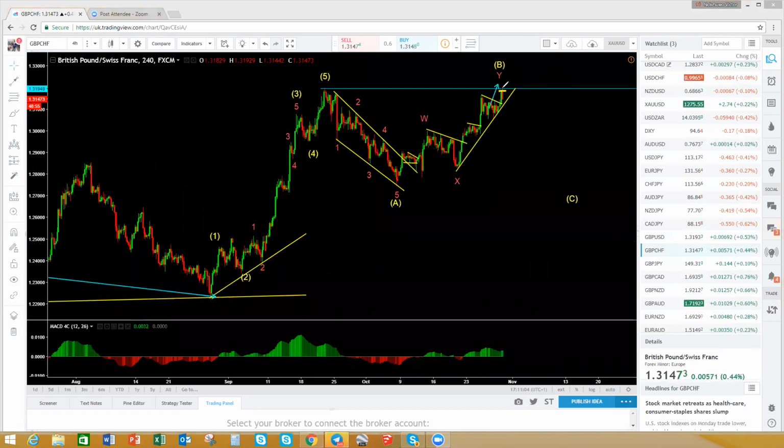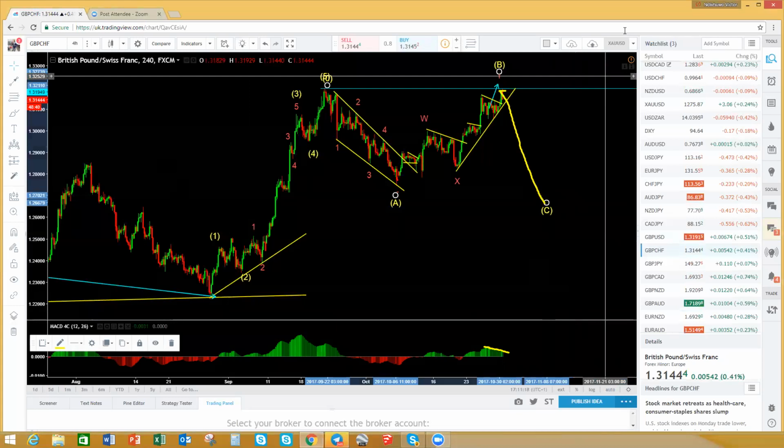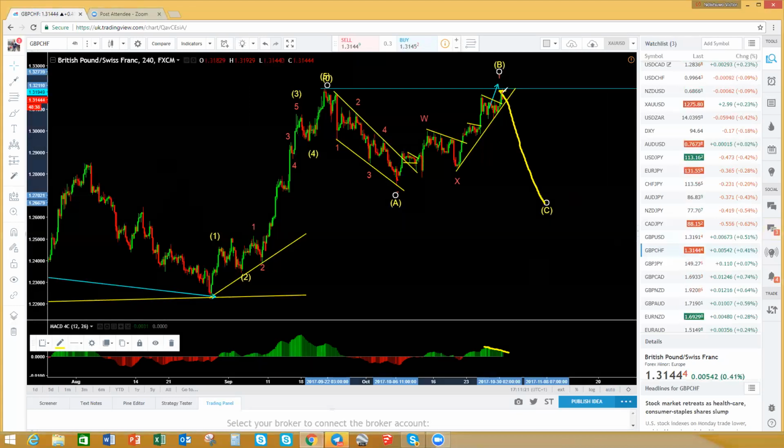Okay, so if it's tagging the top, let's look at the divergence. You're starting to get some divergence here as well. This is a 4-hour chart. So if it's taking the top, then it may be ready to come down to give us that C. Okay, so let's see how it goes. Even if it doesn't just take the top and breaks it a bit, it will be an expanding flat.